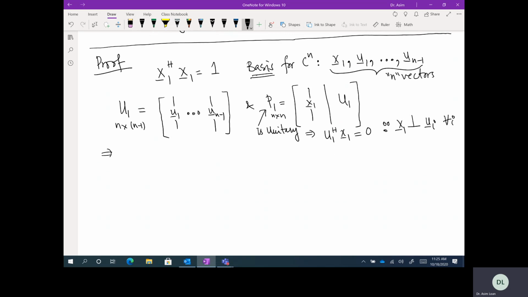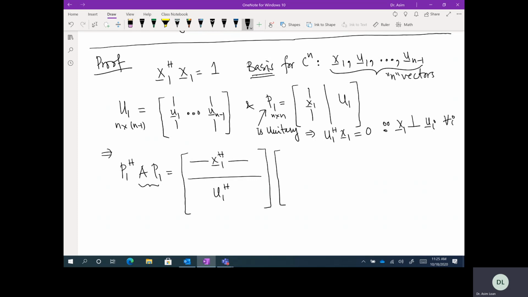Okay, so we say P1 Hermitian A times P1. This is equal to what? So this is equal to x1 Hermitian partitioned with U1 Hermitian, times A P1. So what is A P1? So A P1 is going to be lambda 1 x1, and then we'll have A times U1, right? So A times x1 is lambda 1 x1.